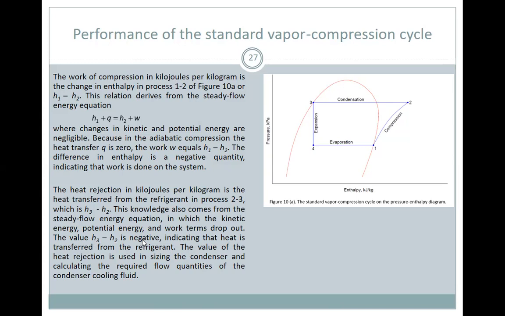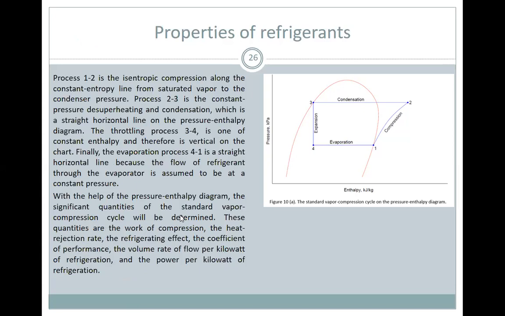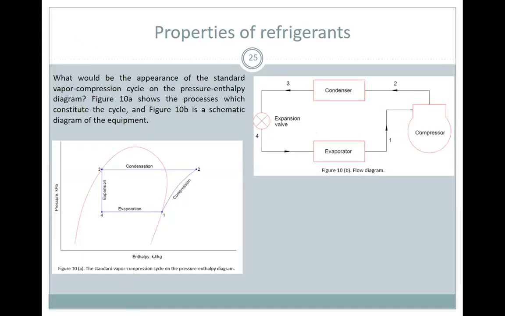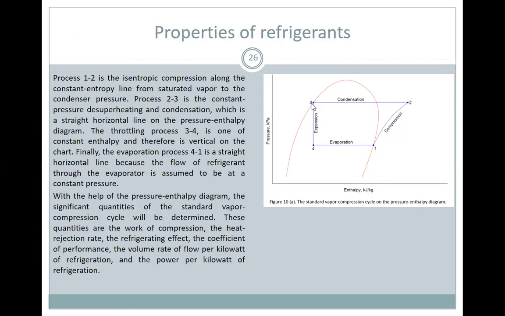Kasi nga, naglagay ka ng rejection. Pag naglagay ka ng heat rejection tapos negative, parang double na yung pagkasabi mo. Na-oppose. Process 1 to 2 is isentropic.